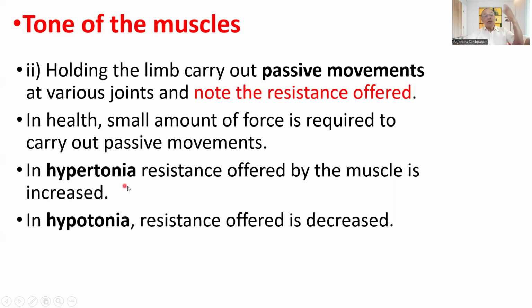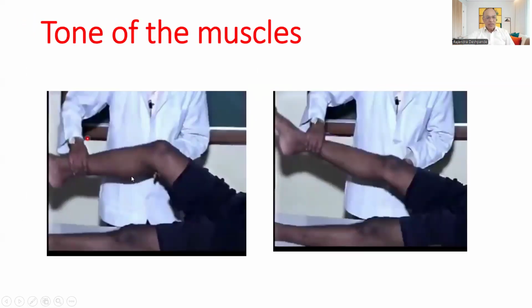In hypertonia, resistance offered by the muscle is increased. In hypotonia, resistance offered is decreased. Now, you can see here these passive movements, folding the leg at the knee joint and then stretching it again. So this is also one of the examination methods for examining the tone of the muscle.